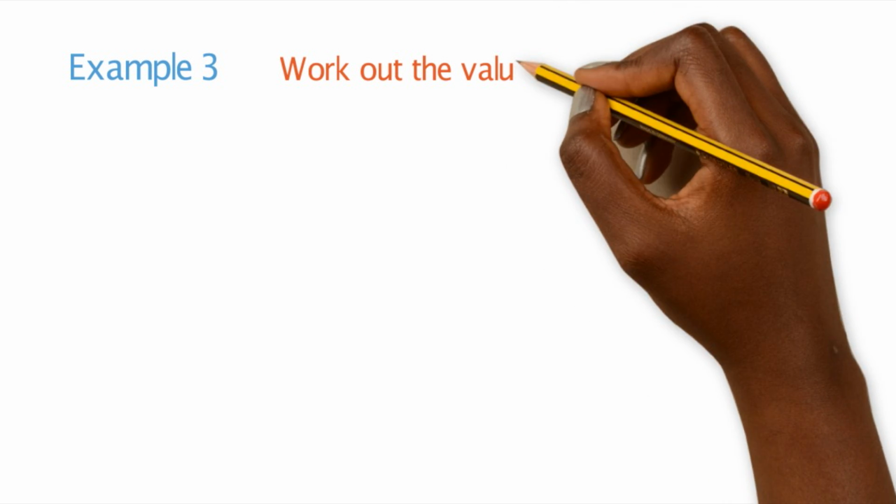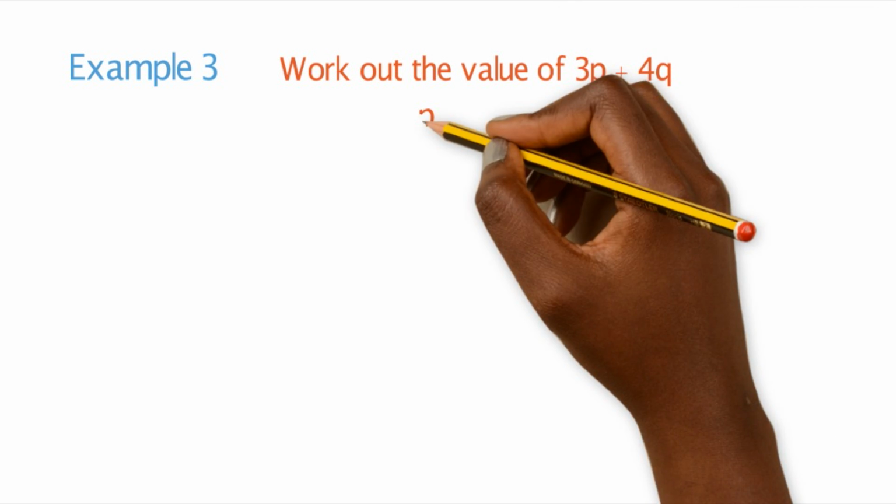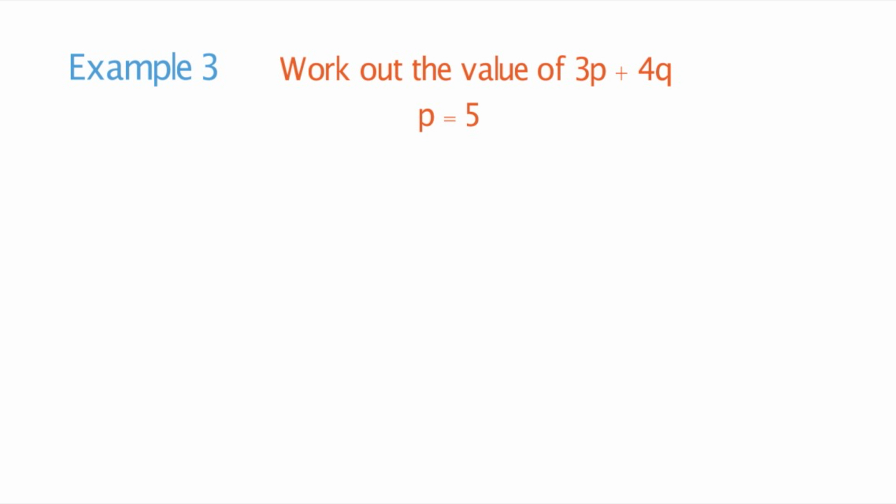Example 3. It says work out the value of 3p plus 4q, if p is 5 and if q is, oh, we've got a negative number, negative 2. How we would work this out is, numbers and letters next to each other means we're multiplying. I'm going to keep saying this.